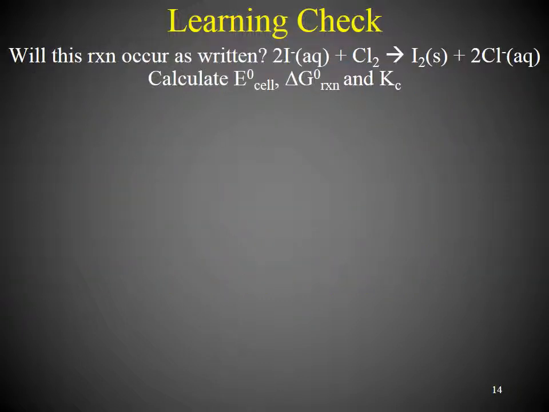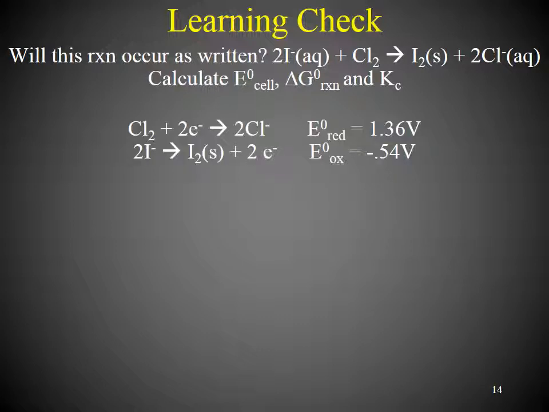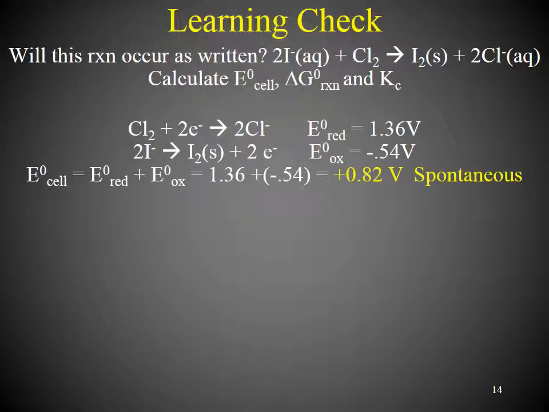Determine if this reaction is spontaneous as written. Calculate cell voltage, delta G, and the equilibrium constant. Come back when you're done. Here is the calculation for the cell voltage, and since it is a positive value, 0.82 volts, it is spontaneous.